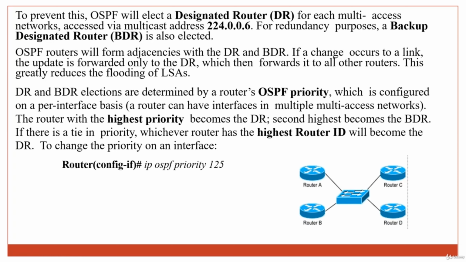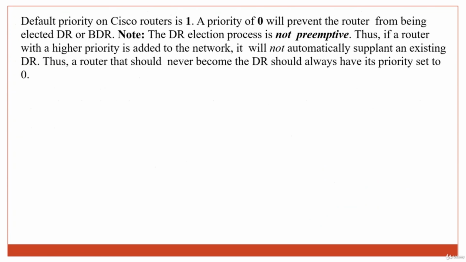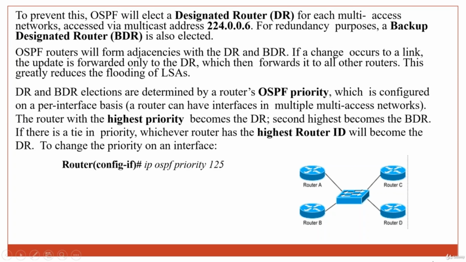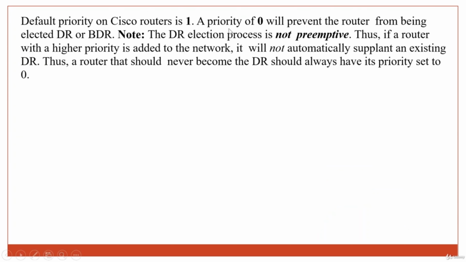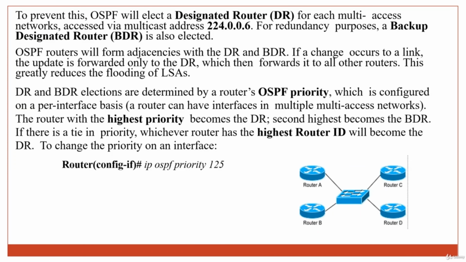Whoever has the highest router ID in the network will become the DR, then BDR, in that manner. Suppose you don't want a certain router to take part in the DR/BDR selection, you can go to the interface and set the priority to 0. If you set the priority to 0, that device will not take part in the DR/BDR selection.